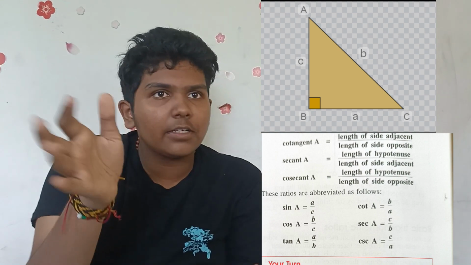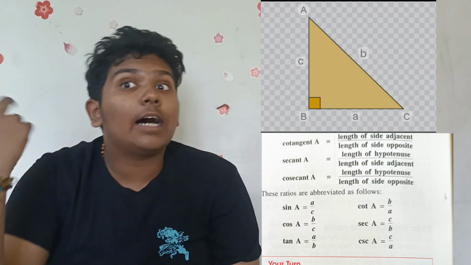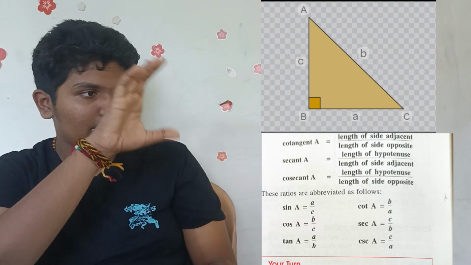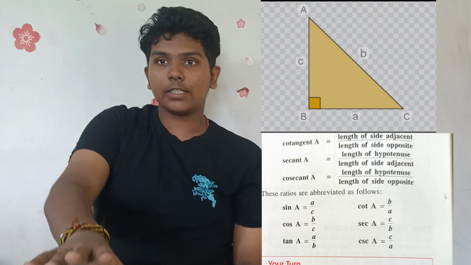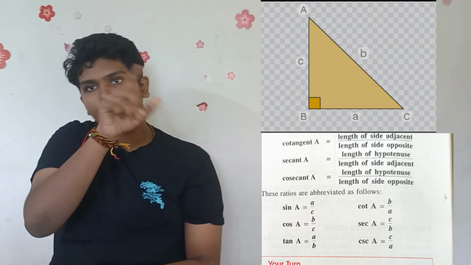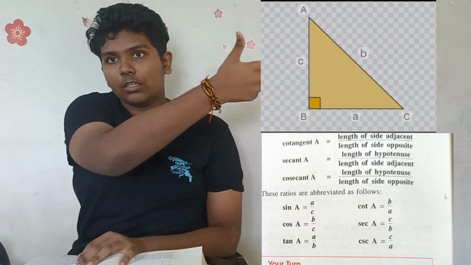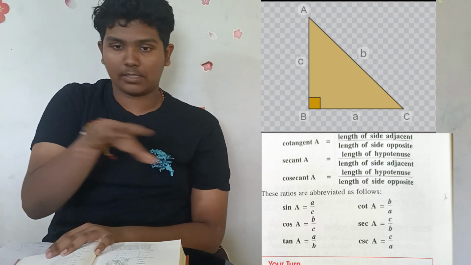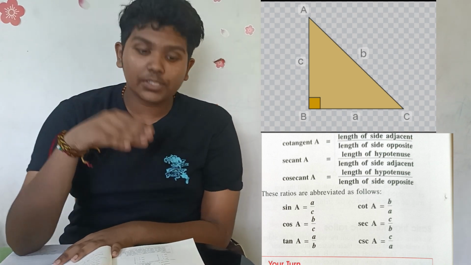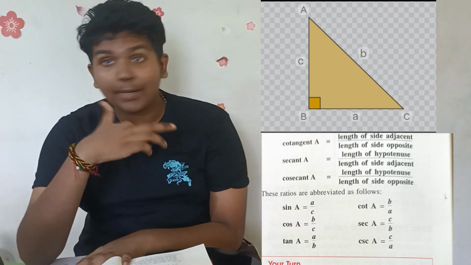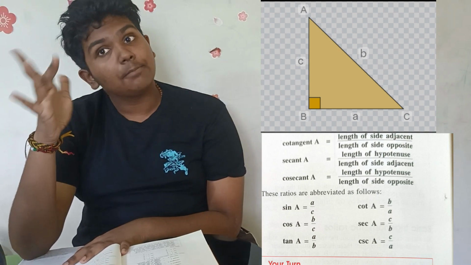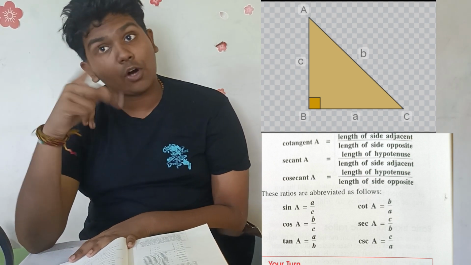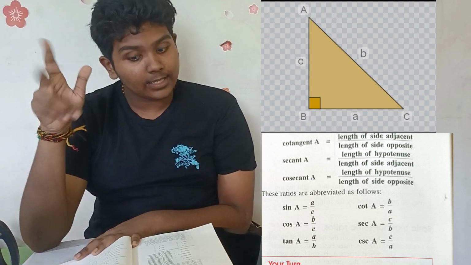Now you already know this. Let's take all this opposite, adjacent, hypotenuse with the other triangle, which is given here in this figure. Look here. In this figure small letters a, b, c are given. So how do you take this and put it into these ratios? So sin A is equal to a by c, and cot A is b by a. Cos A, b by c.